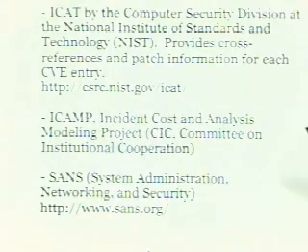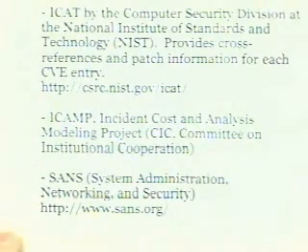Another influence is the ICAMP project and the 2 reports that they've produced. I cited just a moment ago one of their results when they were looking at the classification and use at various universities. They are the ones who did the pioneering work in trying to find out which vulnerabilities happen most often and how to analyze their costs.